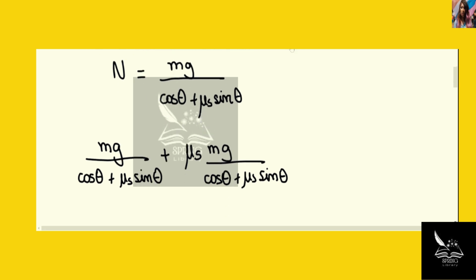Actually, the first n should have a sine multiplying it, and the second one must have a cosine multiplying it, and there's a minus sign here.